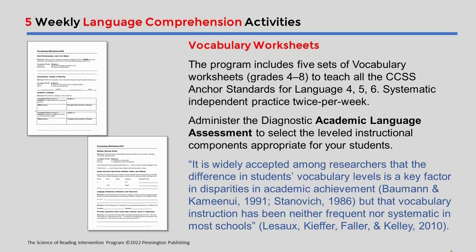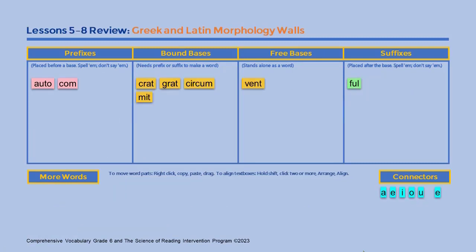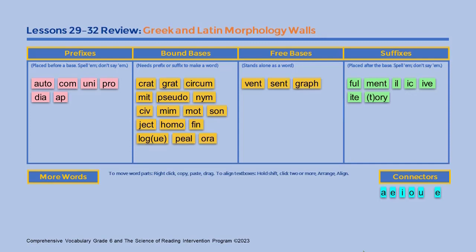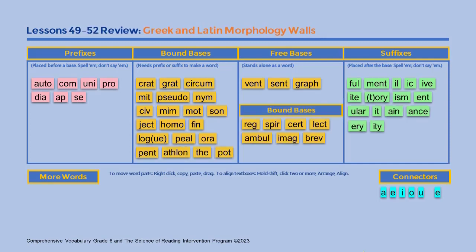Students take the diagnostic academic language assessment, and the teacher selects the vocabulary worksheets according to the results of the assessment. For each set of 4 vocabulary worksheets, the teacher shares an interactive Greek and Latin morphology wall in Google Slides or print. Students drag and drop the morphemes they have learned to form multisyllabic academic words.